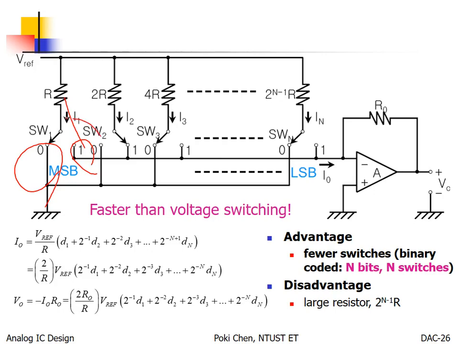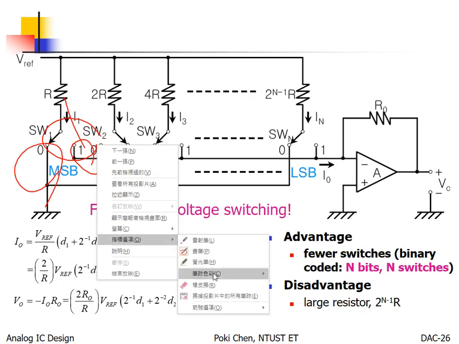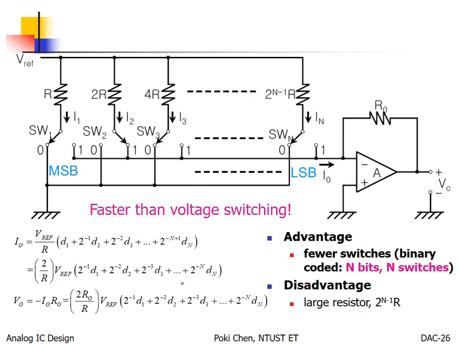And then for the switches here, I don't care the direction, because the voltage is to the left, AC grounded. To the right, it's still grounded. Congratulations. For the switch, the operation voltage is exactly the same.